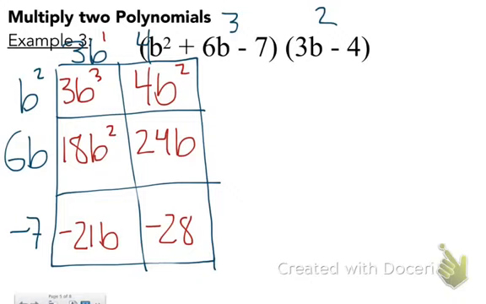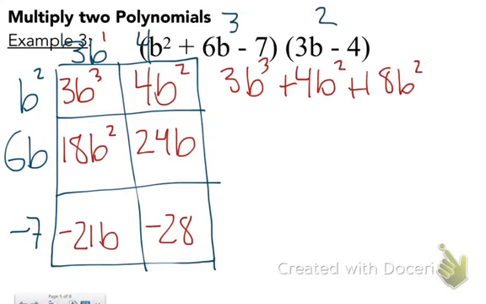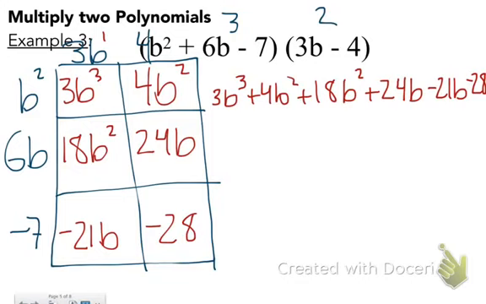So now I'm going to write all of that out and then combine terms. So 3b cubed plus 4b squared plus 18b squared. Alright, there it is a little smaller.